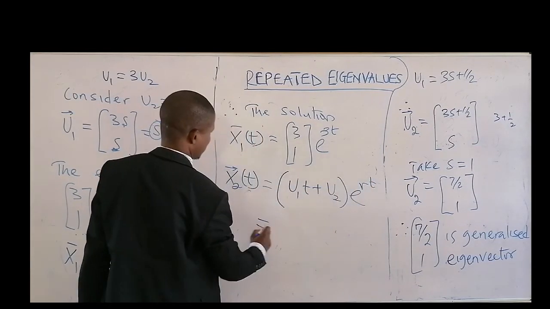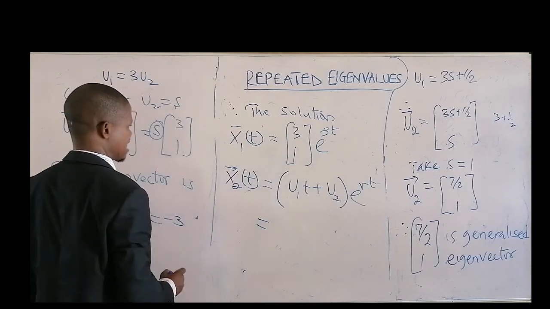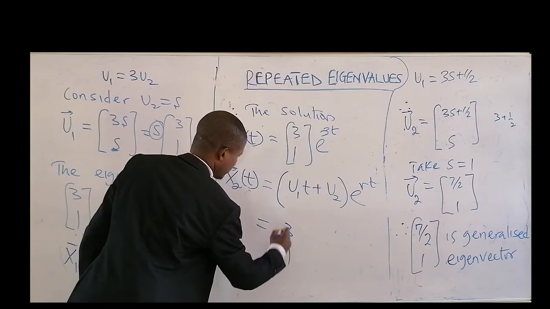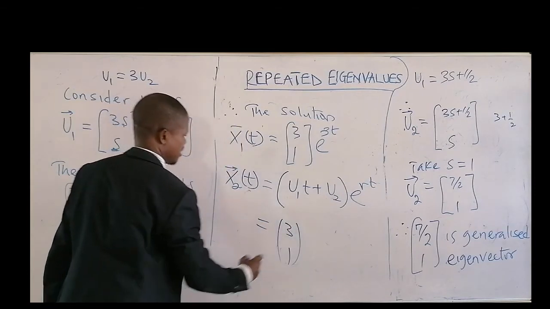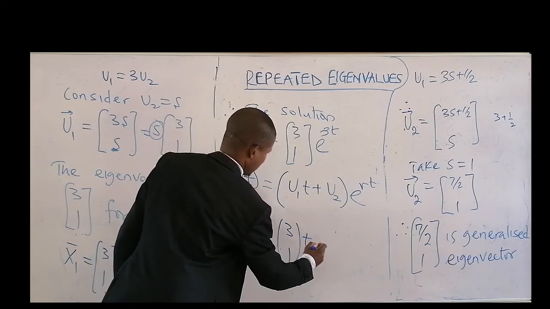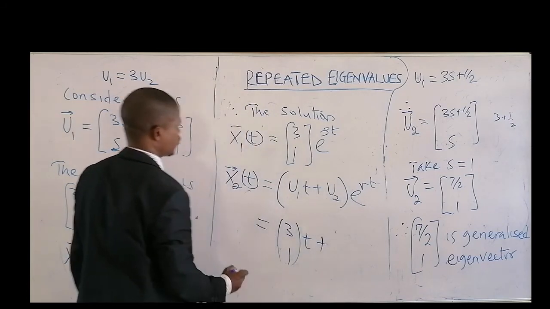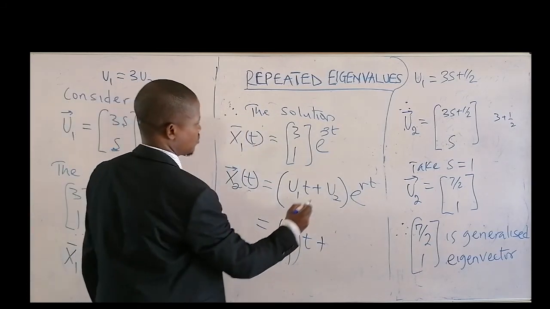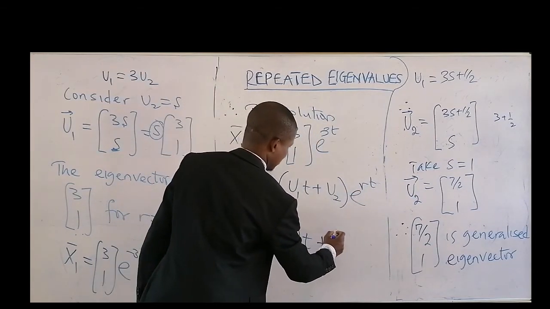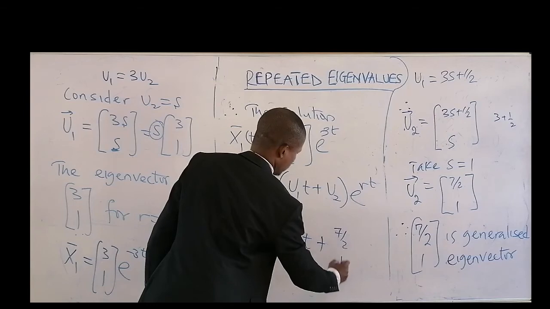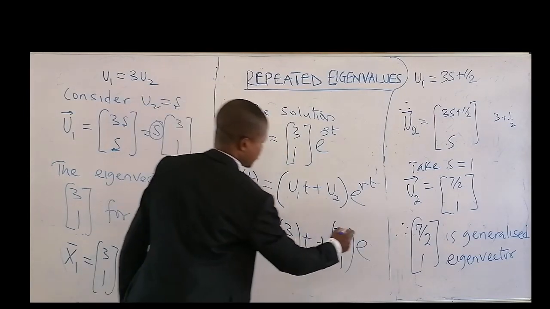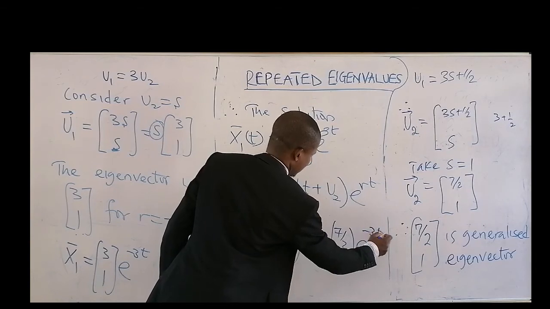So let's do that. Our u1, the first eigenvector, that's 3, 1, times t, plus u2, which is the one we just got here, that's 7 over 2, 1, and exponential r, that is minus 3t.